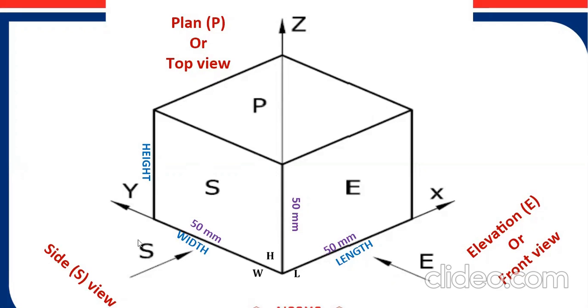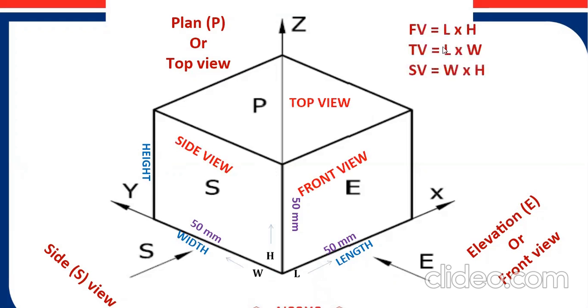In case of side view, we require width and height of the object to complete the side view, whether it is right or left. You can see front view: length into height, top view: length into width, and side view: width into height.